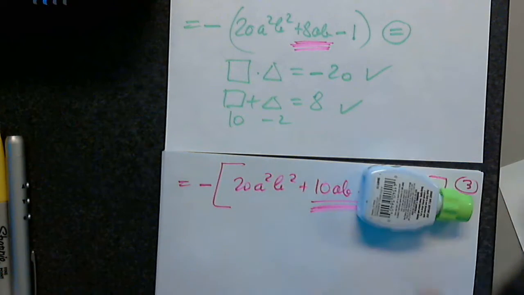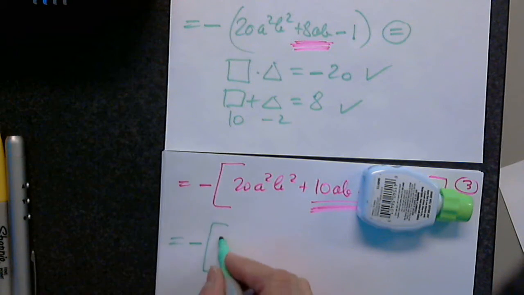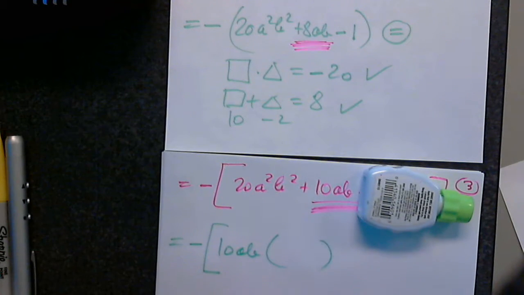So here's what will be the next step. The first two terms have a common factor, which is 10ab. What is left in parentheses? 2ab, with a 2, right?